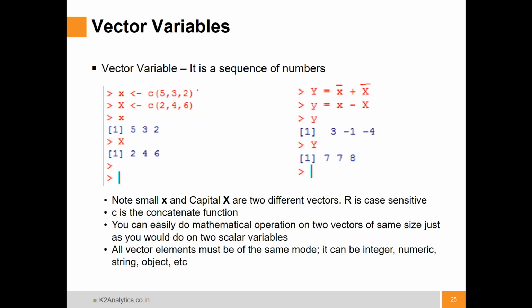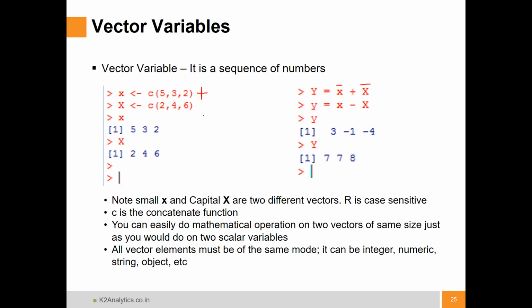If I'm adding this set of values with this set of values, what output do you expect? I'm adding this set of values 532 with 246. What values do you expect? 778, right?